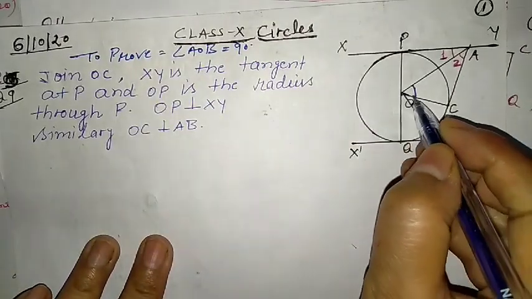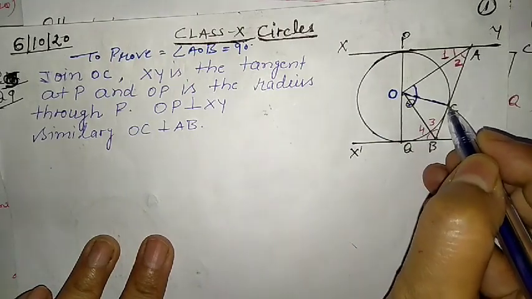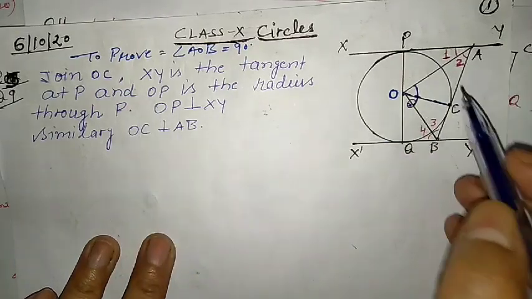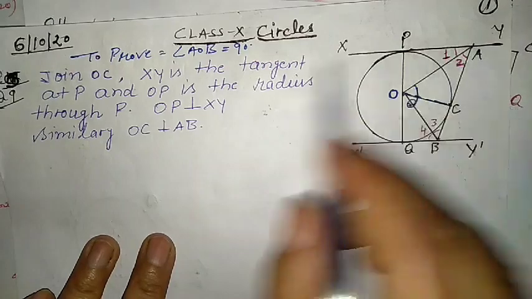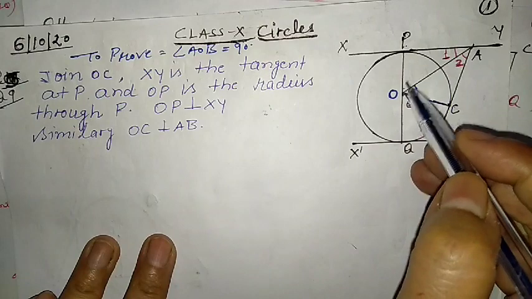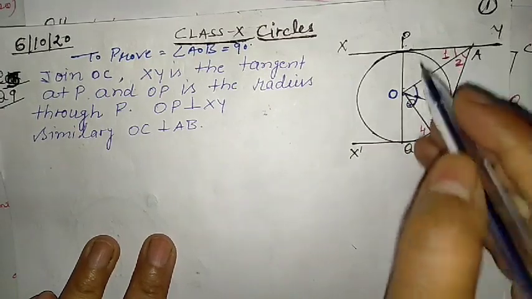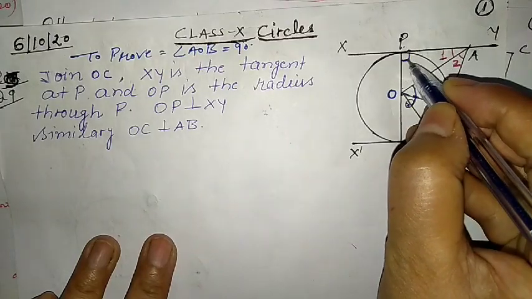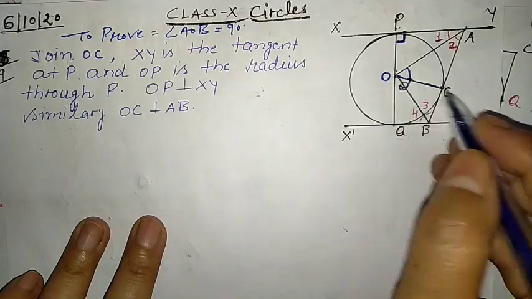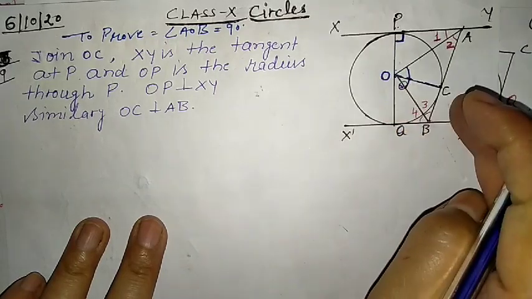Join OC. This point is O and this point of contact is C, so we have to join OC. XY is a tangent at point P, and OP is the radius through P, so OP is perpendicular to XY. And similarly OC is perpendicular to AB, because AB is also a tangent and OC is the radius.